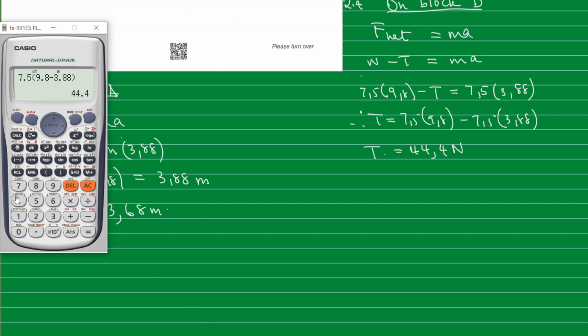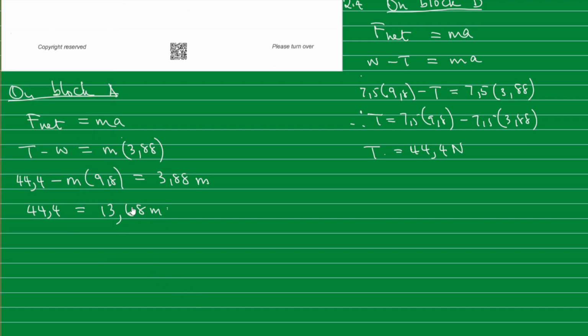Let's add that up: 9.8 plus 3.88 is 13.68 m. Now of course, we want m. So our m is 44.4 divided by that.